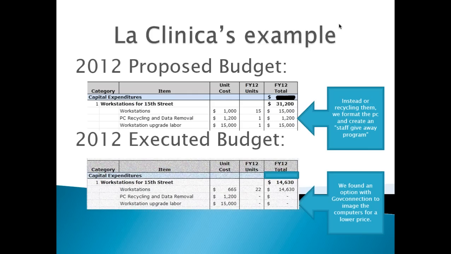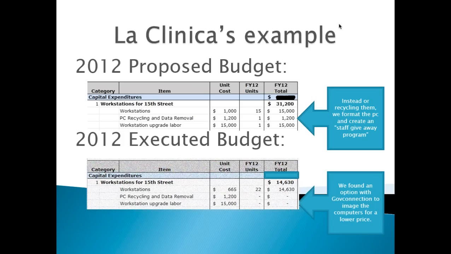So I think one of the lessons learned that I've taken from this, and one of the things that I think La Clinica has done really well over the years, is stay focused on the priorities. They haven't just said, well, we can't afford that, so it just needs to be taken out of the budget.